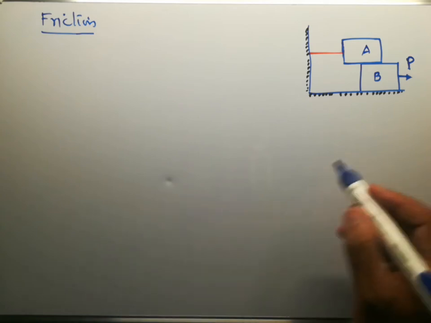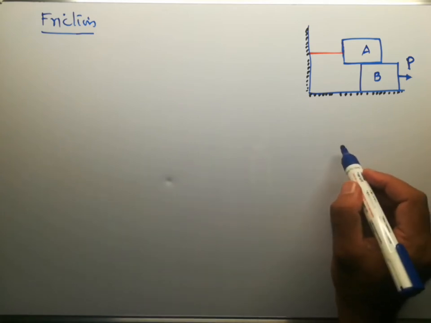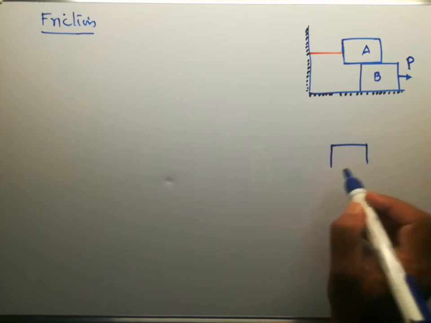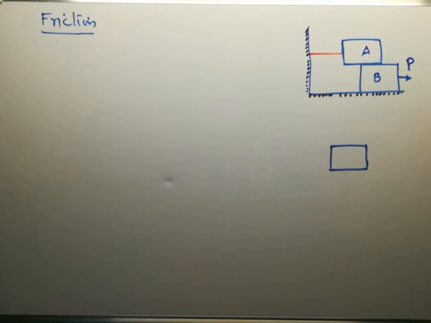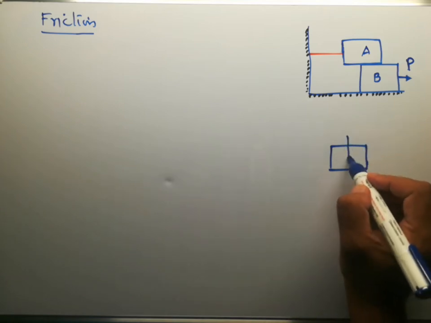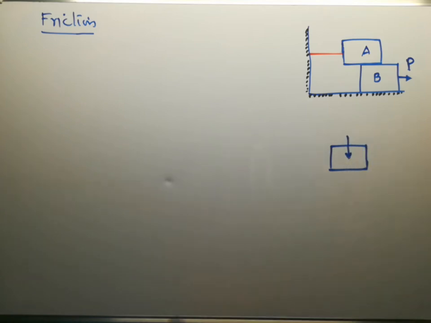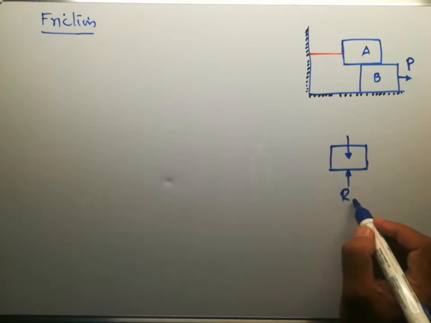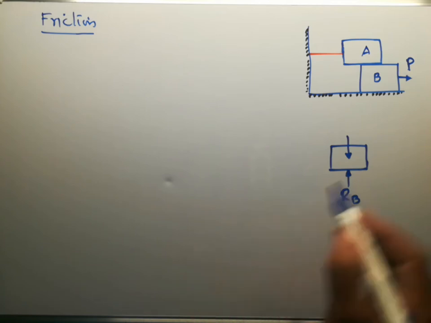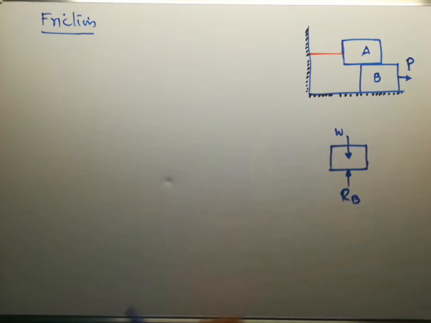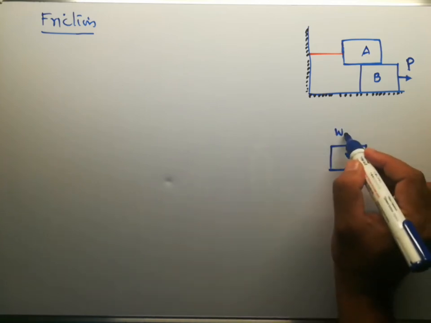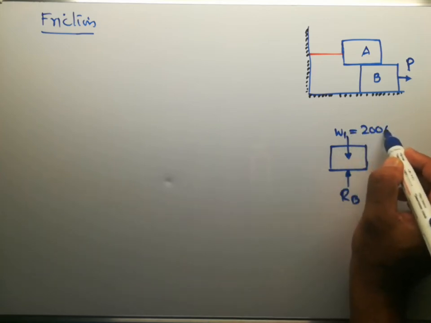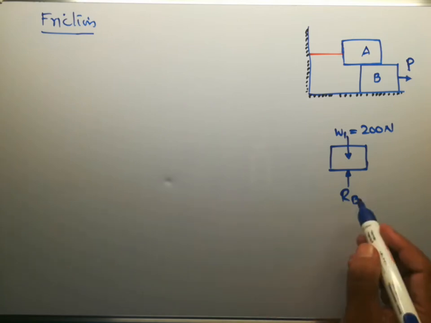So if you draw the free body diagram of A, this is block A. It will have its weight W1 acting downwards, given as 200 Newton, and a normal reaction from block B, let it be RB.